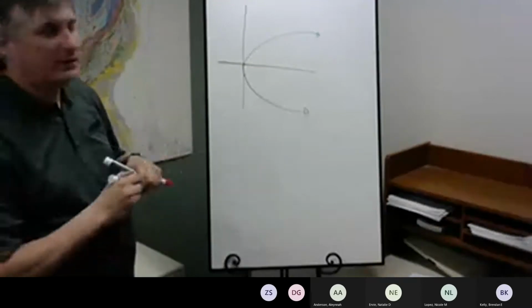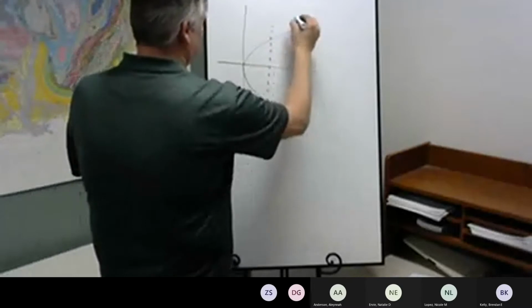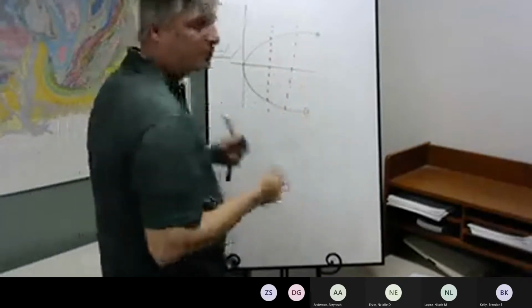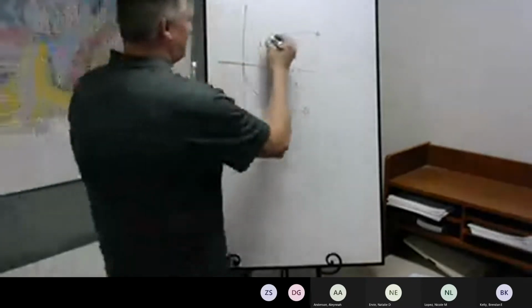And if you give this the vertical line test, and the vertical line test tells us if something's a function or not, it fails.